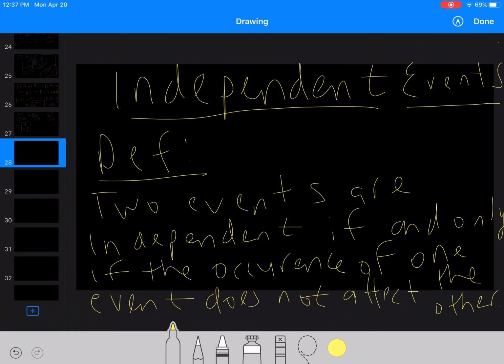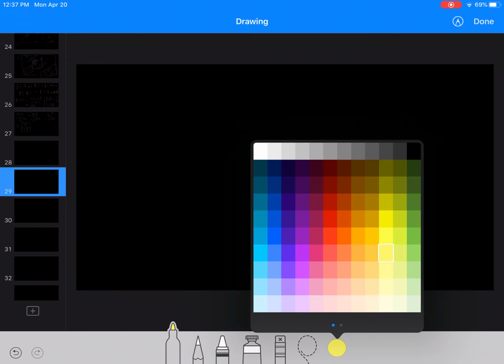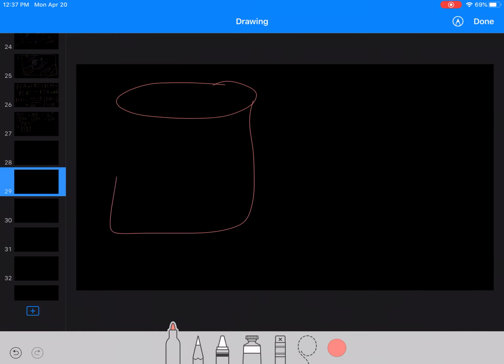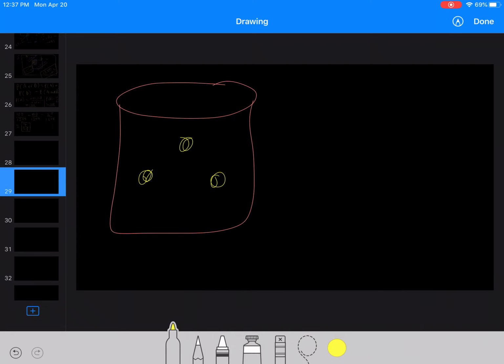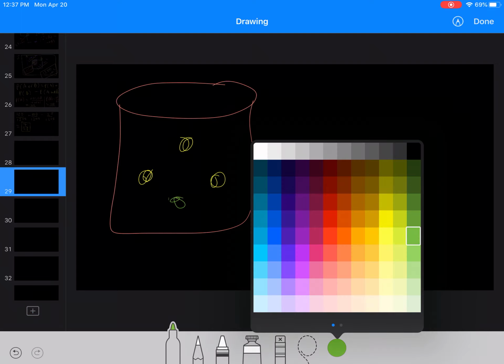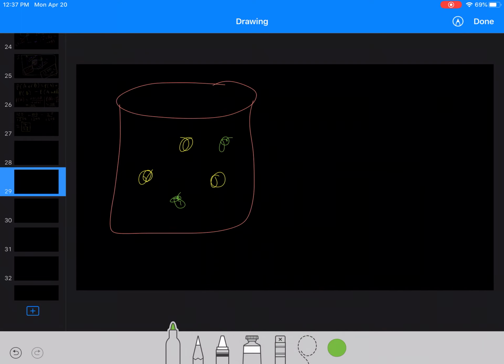Okay, so let's look at this next question. All right, the question is, so we have a jar, and there are some yellow marbles and some green marbles.